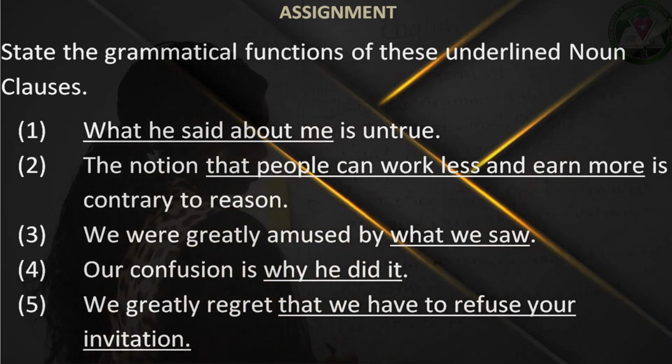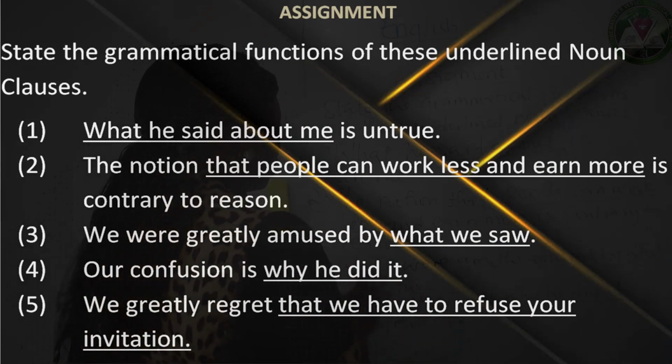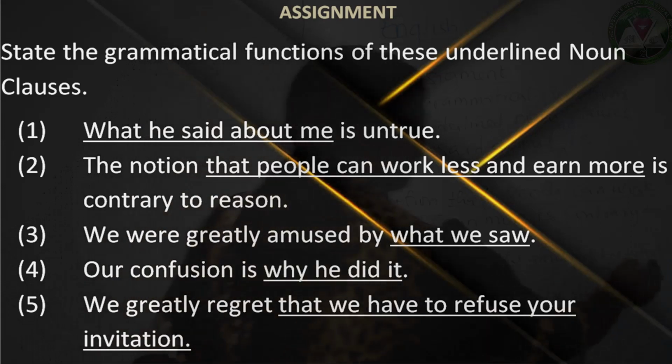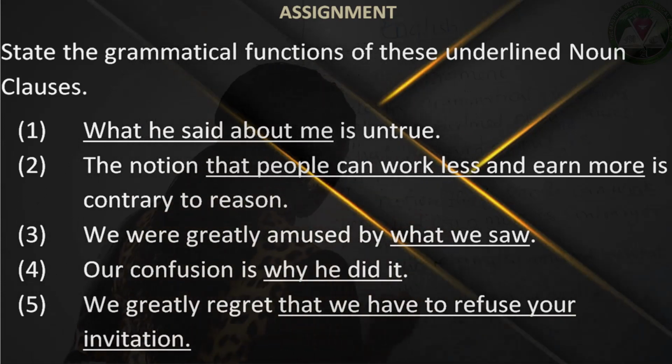Number 3, what we saw. We were greatly amused by what we saw.